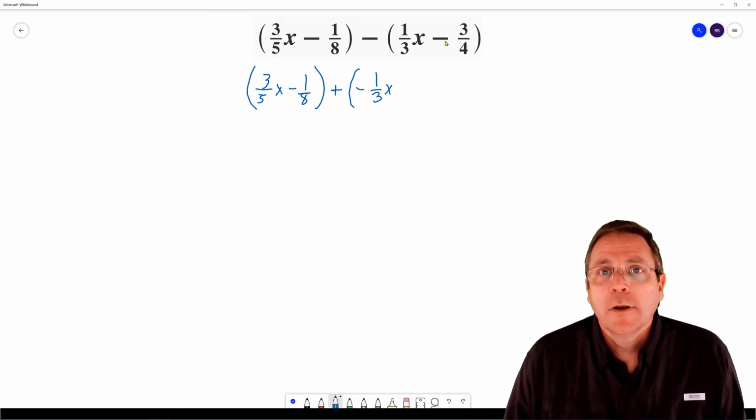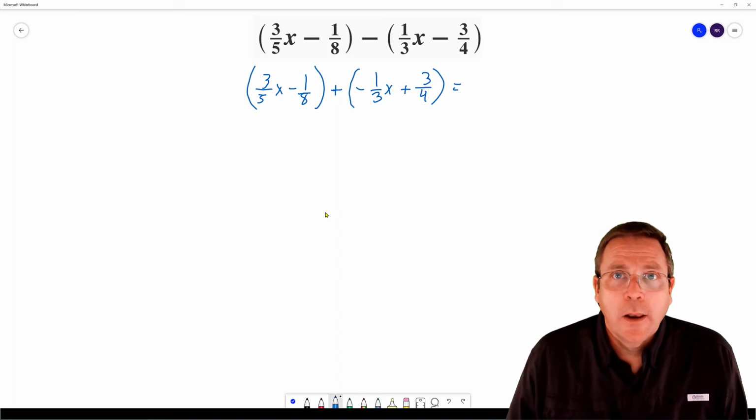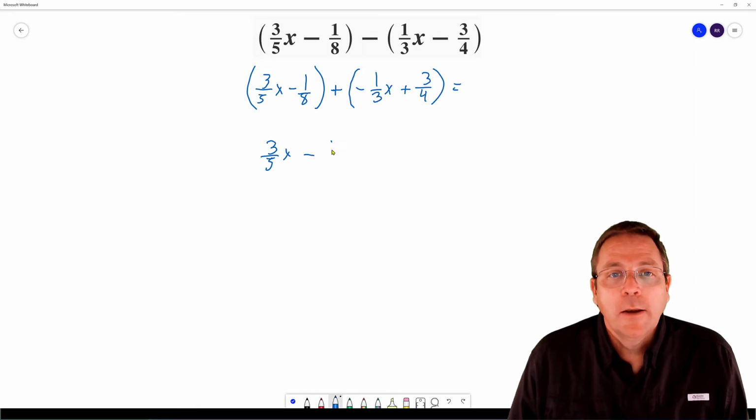A negative times a negative, that's going to give me a positive 3/4. From there, we're going to align the like terms. So we're going to have 3/5 x minus 1/8 plus a negative 1/3 x plus a 3/4.